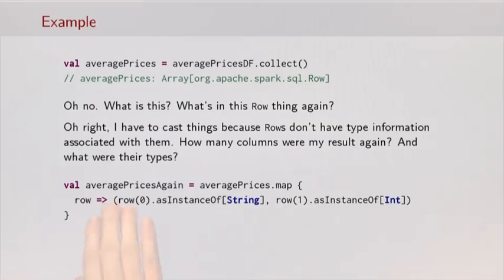I have a value called average prices again, and I take the array of row objects, and for each row I say, okay, the first thing in my row, I'll just cast it to a string because I don't remember what that was, but I think the second one was the price. Let's just cast that to an integer, and let's see how it works. Nope, got a class cast exception, so that was wrong.